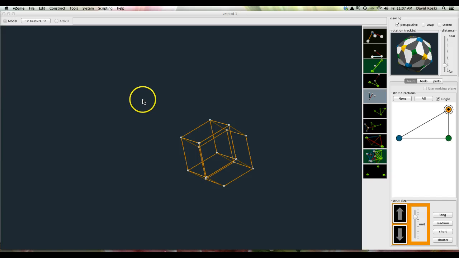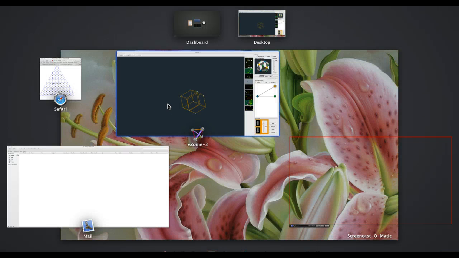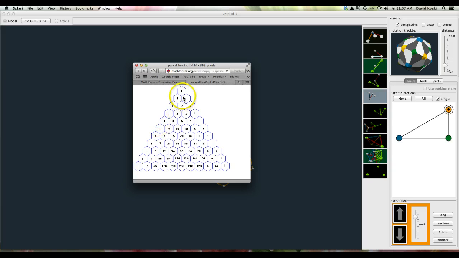So we'll go look at Pascal's triangle again here, and we were on row 4 right here. So we had our point, and we went one of 4 directions, and that ultimately would have given us our first hexahedron here.